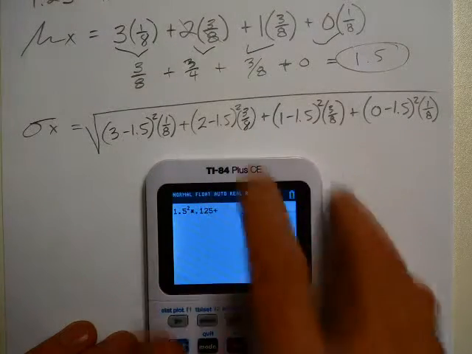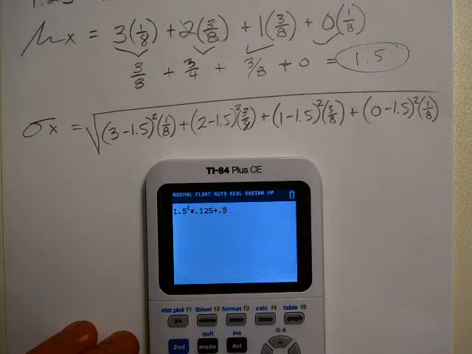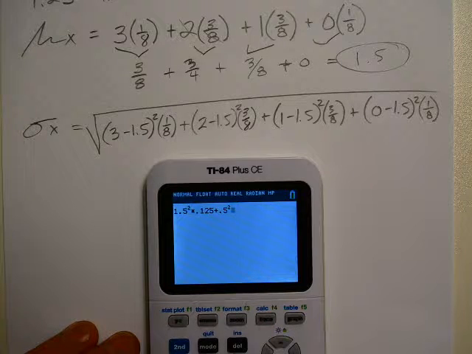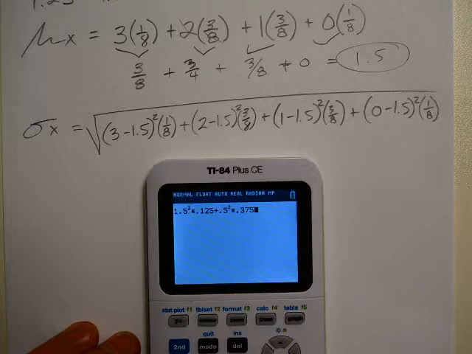Plus 2 minus 1.5 is 0.5 squared times 3/8, which would be 0.375. And here's where I need to get a little tricky. 1 minus 1.5 squared, I've got a negative, so I'm going to go plus. I'm going to throw some parentheses in there for that negative. Negative 0.5 squared times 3/8.